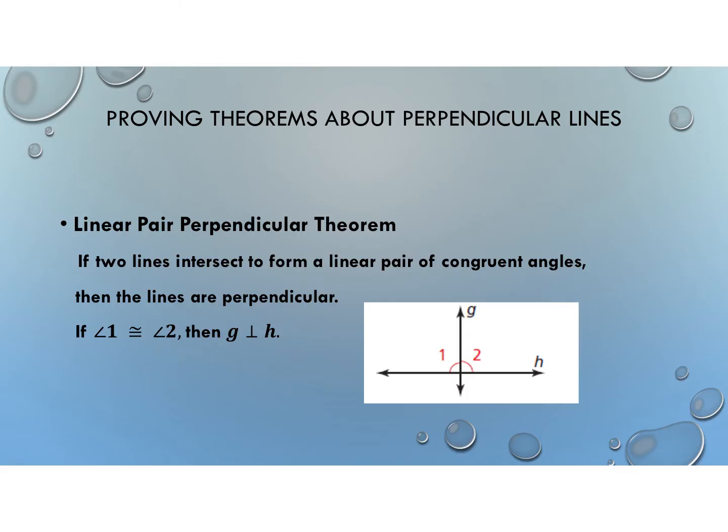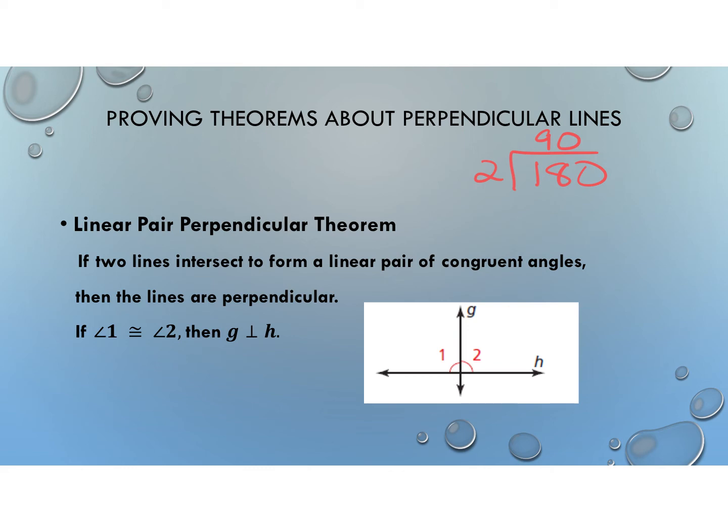The first theorem that we're going to use to prove things about perpendicular lines is called the Linear Pair Perpendicular Theorem. It states that if 2 lines intersect to form a linear pair of congruent angles, then the lines are perpendicular. If you think about it, a straight line or a linear pair of angles will both add up to 180. So if you divide 180 by 2, and since both angles are congruent, both angles would be 90 degrees.